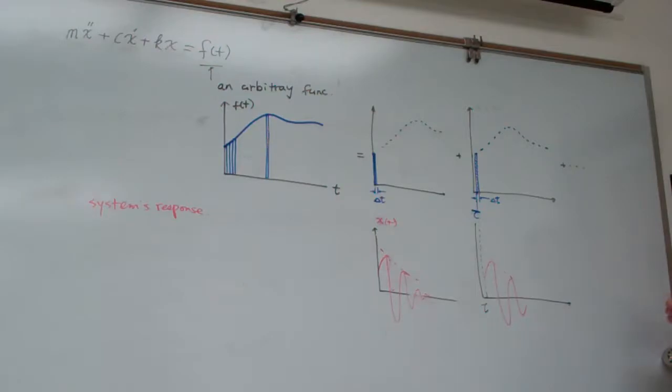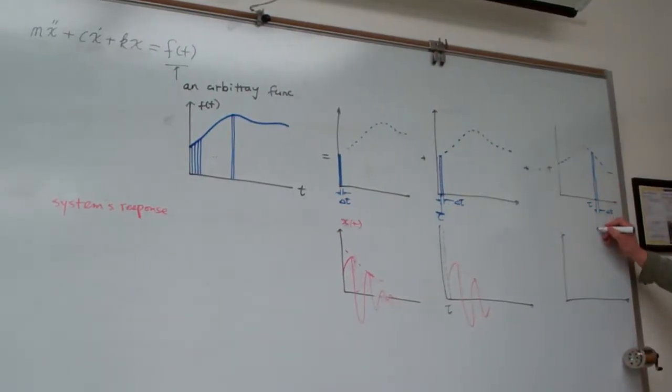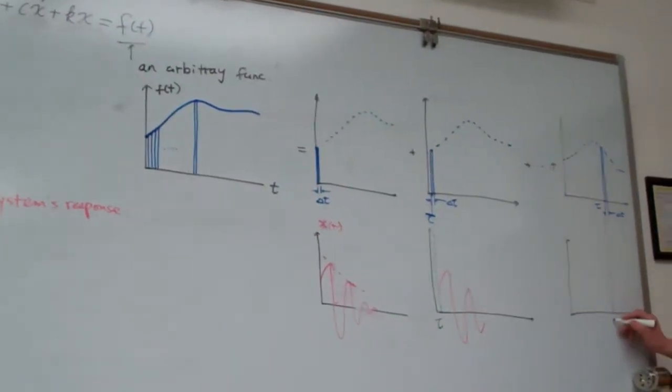Furthermore, let me give the general description if the strip is here. This is the moment tau, and this is delta t. Then the system won't respond until tau.